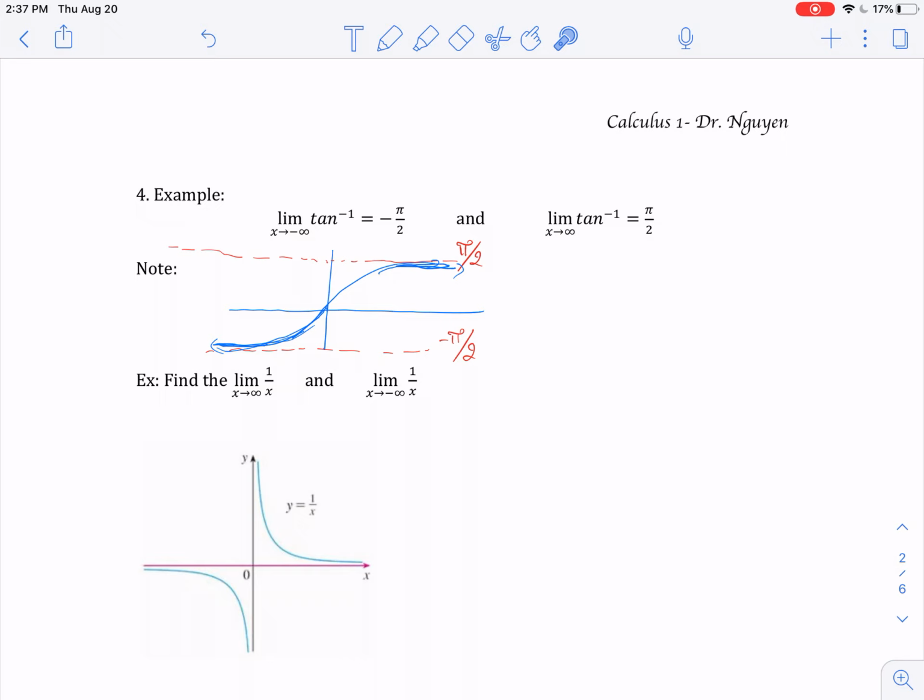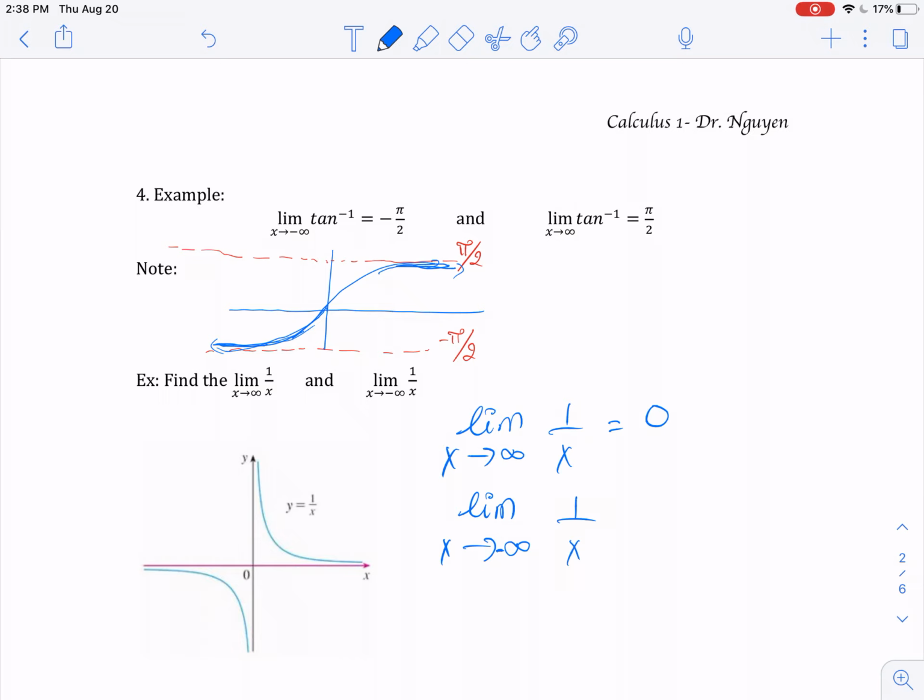Same thing when x approaches negative infinity. The function is approaching 0. So clearly the limit is going to be 0 for both. So the limit of 1 over x is going to be 0 as x approaches positive infinity or negative infinity. That's when you look at the graph.